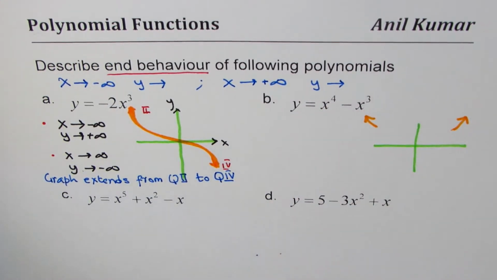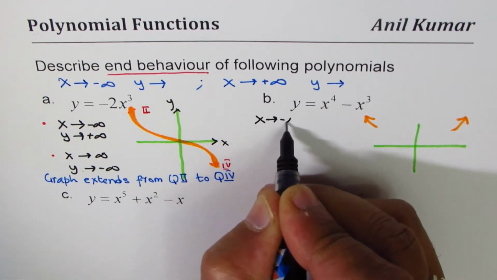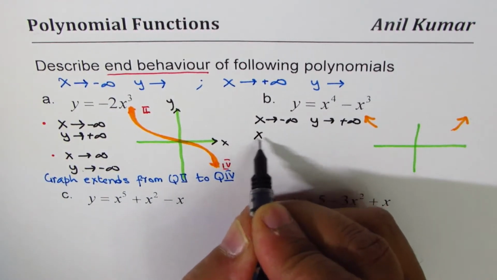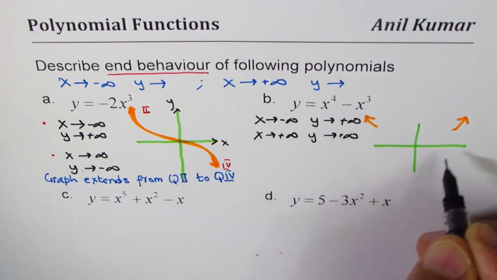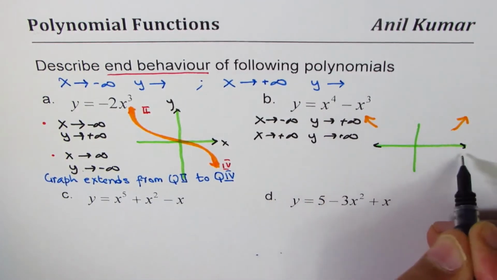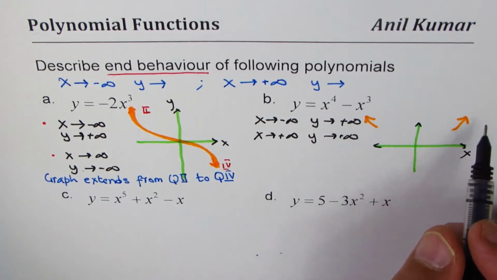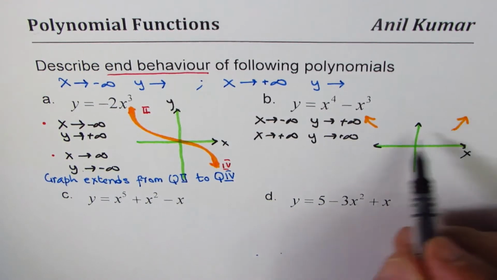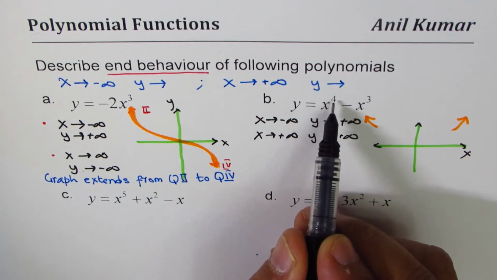So I could write the end behavior as when x approaches negative infinity, y approaches positive infinity, and when x approaches positive infinity, y approaches positive infinity. So in both cases the graph approaches positive infinity upwards. Since degree is even, that is why.